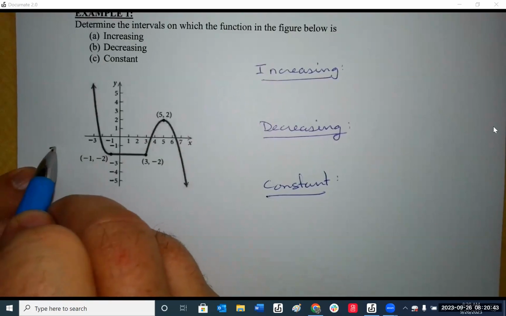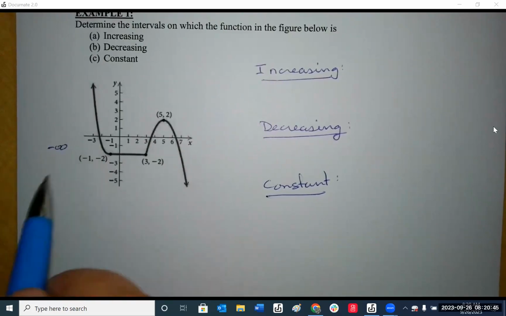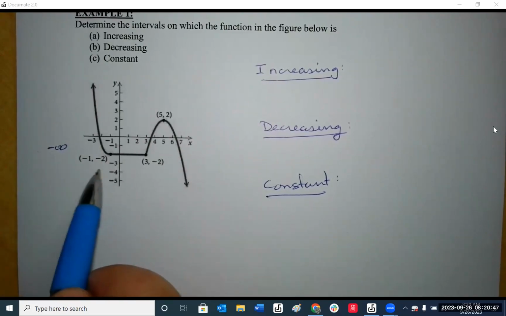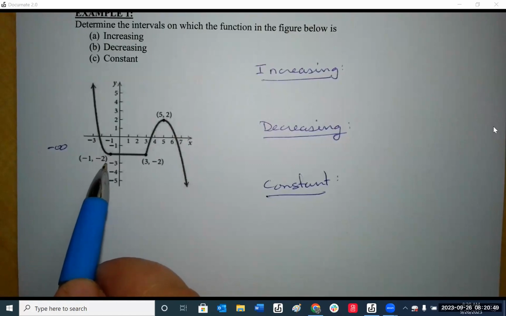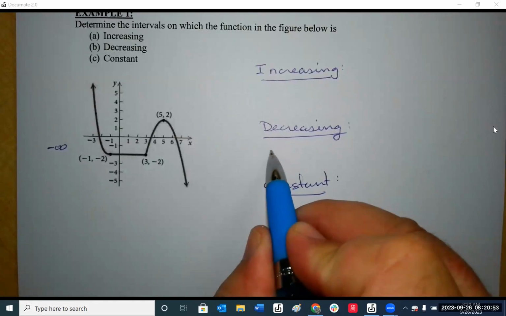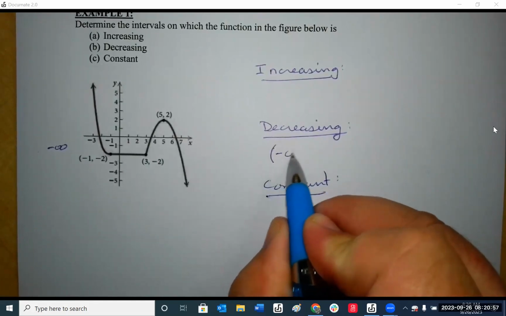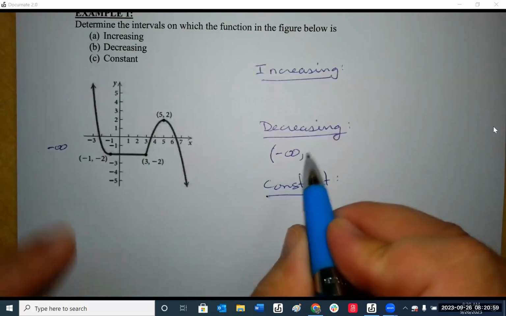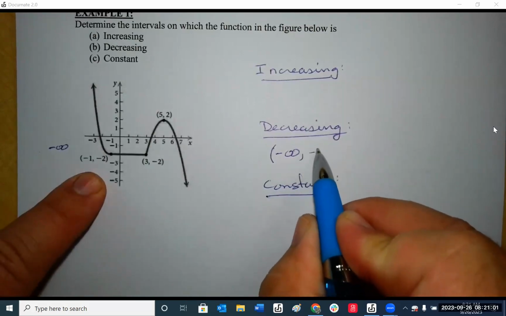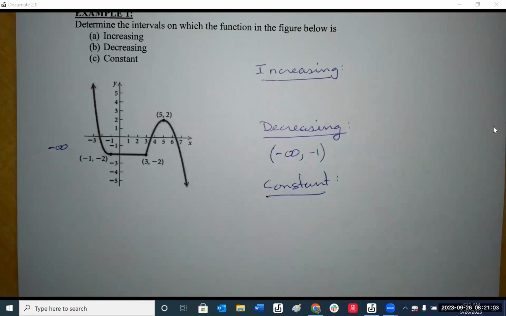So it starts off at negative infinity. What's it doing from negative infinity to our first point? It's decreasing. So our first interval is decreasing, parenthesis, negative infinity, from negative infinity to -1. That's where it's decreasing.